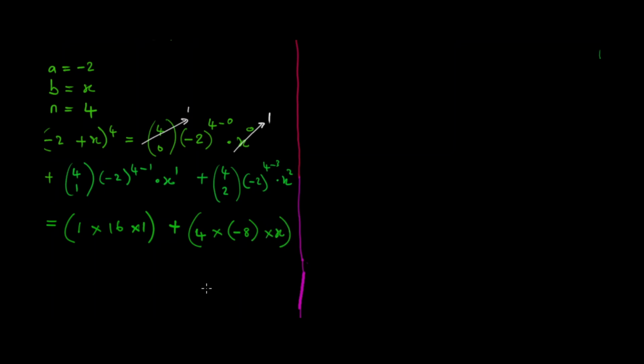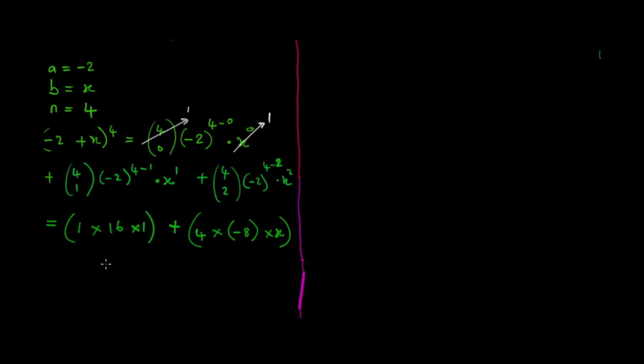So let me verify my work. Here we have 4 choose 0 times (-2) to the power 4 minus 0 times x to the power 0. Here we have 4 choose 1 times (-2) to the power 4 minus 1 times x to the 1. Here we have 4 choose 2 times (-2) to the power 4 minus 2, I'm sorry for not writing it out well here, times x squared.